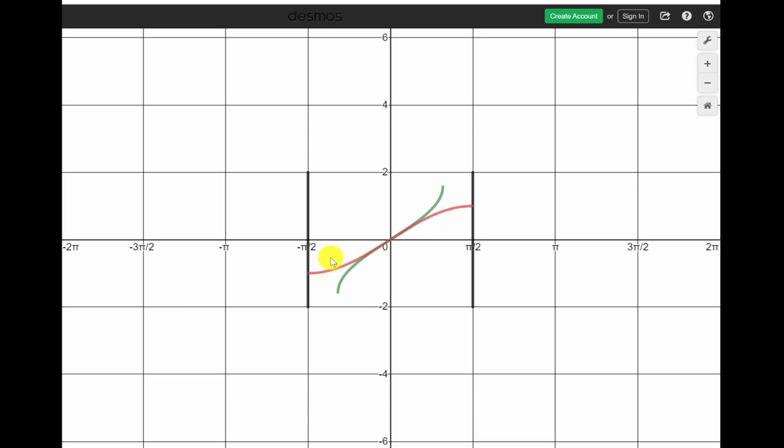So whereas the original function went from -1 to 1 for my y values and negative pi over 2 to pi over 2 for my x values, my new function, my inverse sine function, is going to go from -1 to 1 for my x values and from negative pi over 2 to pi over 2 for my y values.